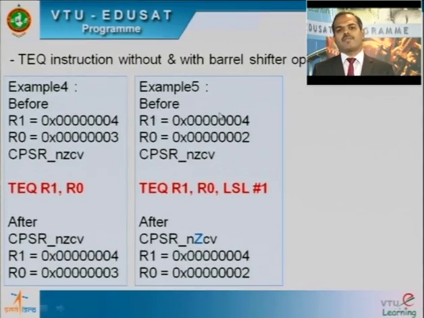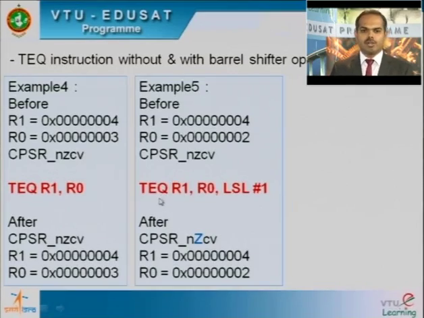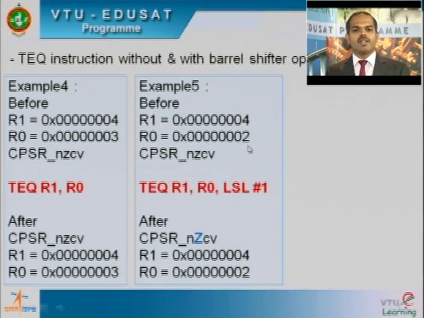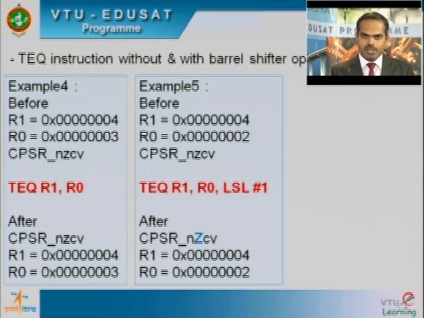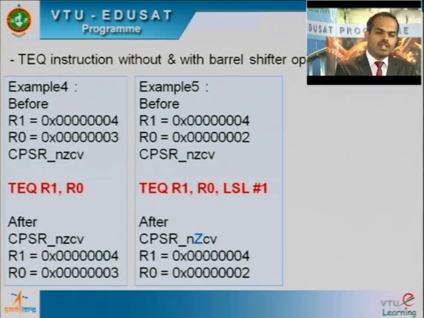Look at example 5. Example 5 shows TEQ, test for equality, with a barrel shifter operation, that is TEQ R1, R0, LSL #1. LSL #1 is a logical shift left on the R0 content, that is 2. So 2 is left shifted by 1 position. If you remember from yesterday's discussion, logical left shift by 1 position is nothing but multiply by 2. So the R0 content 2 multiplied by 2 is 4.